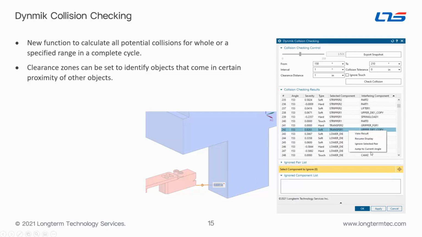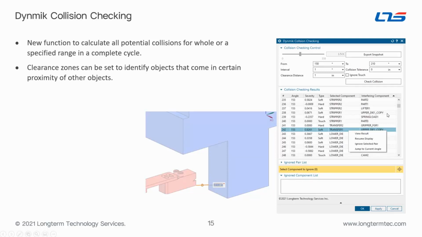All right. So jump to current angle, view result, and then here we have the resume display. When you view result, we will focus on just the two components that have been detected under this collision. So in order to get back, you can click on resume display, or you can switch to the next one without having to go to resume display. All right. And then you also have another option. Maybe you don't want to look at this pair.